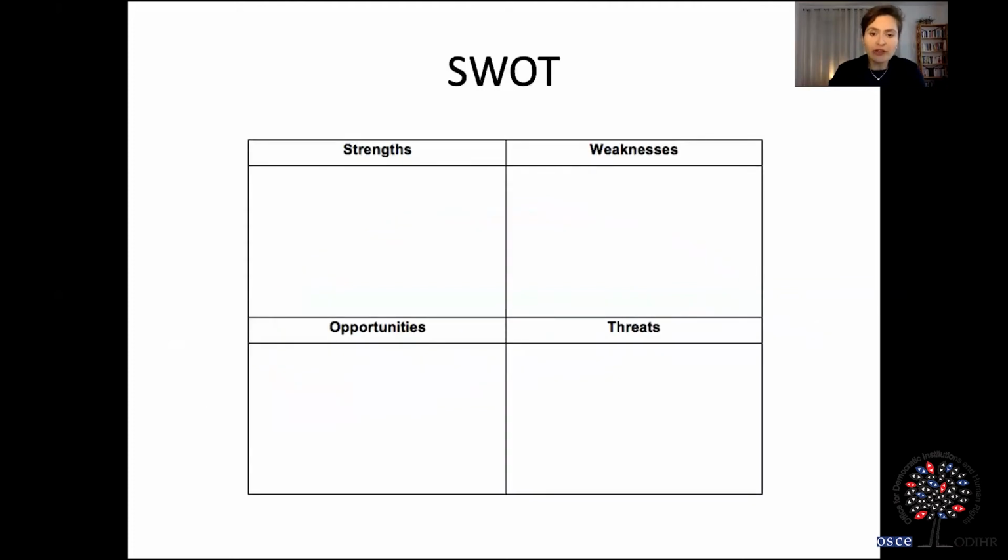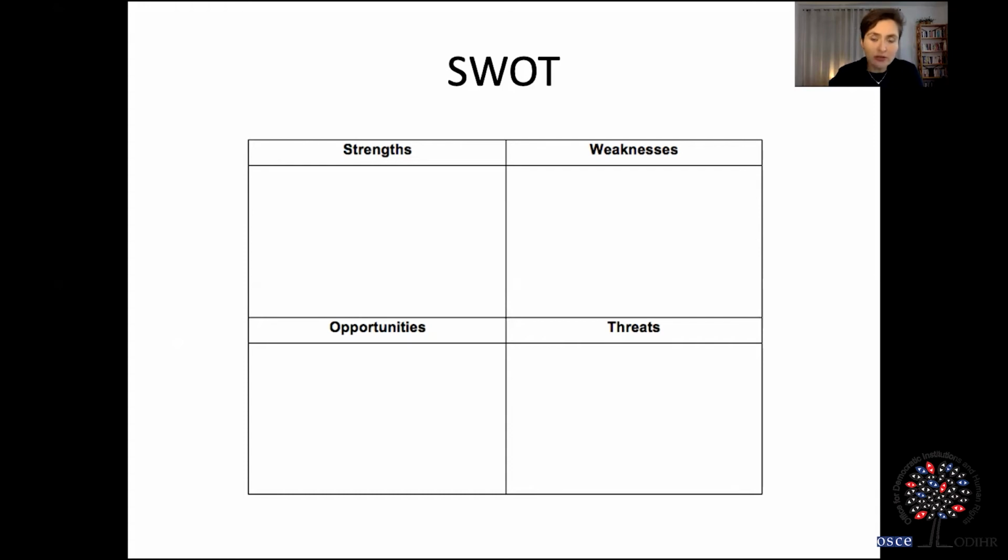You're probably all familiar with the SWOT analysis. Basically it looks at strengths, weaknesses, opportunities, and threats of the certain policy issue you find yourself working in, or the team that is surrounding you as you do your work. So let's say that you are working for a non-governmental organization and there's an issue that you really are passionate about and trying to push forward.